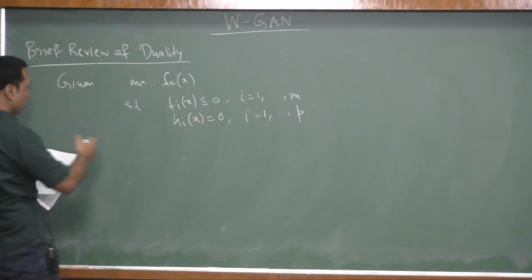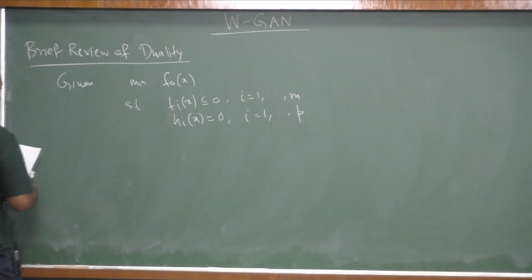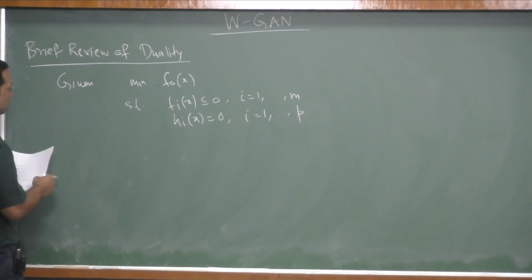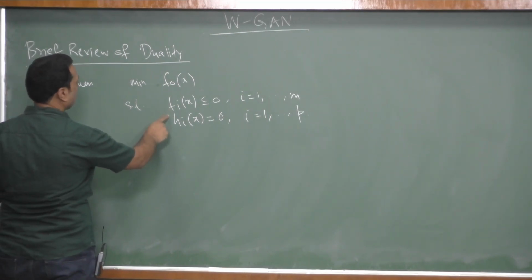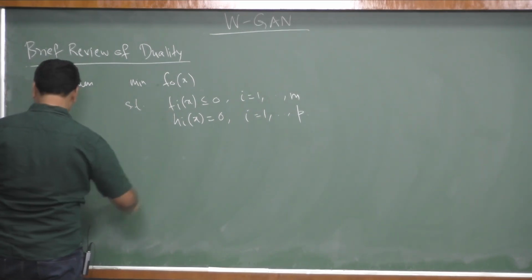So I can form a dual of this, and before that I construct something called the Lagrangian and introduce some multipliers for the inequality and equality constraints.